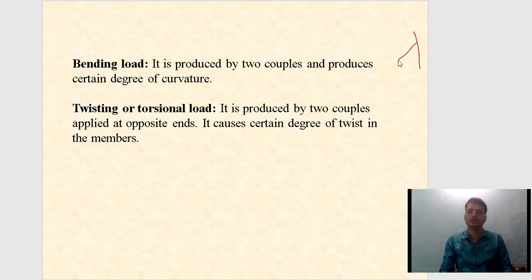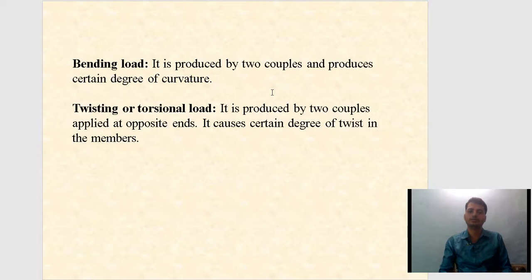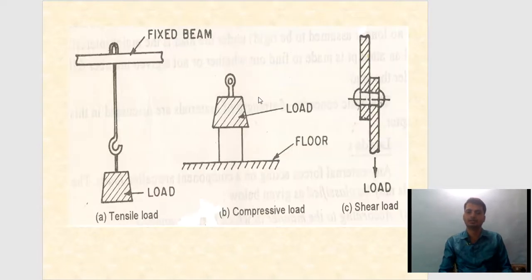See, if I apply a twisting load, it may twist. Any material definitely has some of these qualities: bending load, twisting load, tensile load, compressive load, and shear load. These are the loads we generally see in this curve.